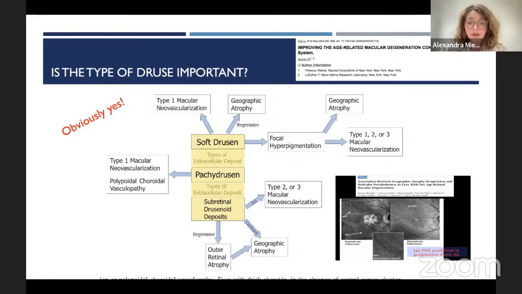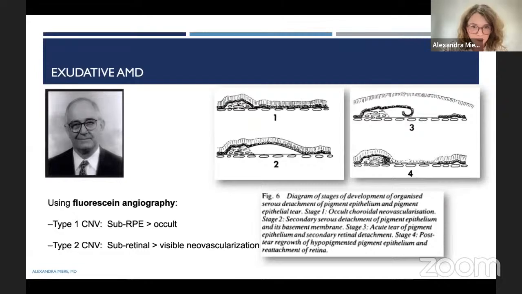So obviously the type of drusen in the beginning is very important. And we will be speaking not only about SDDs and type 3, as you have seen earlier, but also about other types of drusen that may be associated with type 3 macular neovascularization.